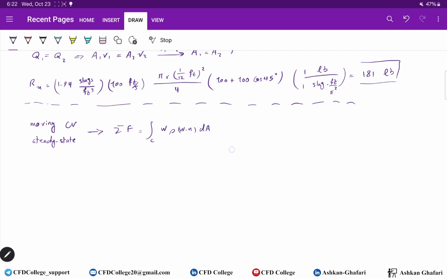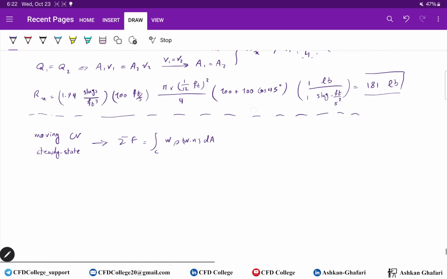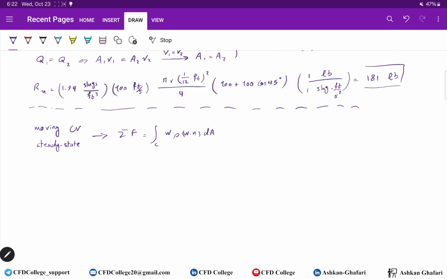It's like the general form, but we don't have the first part, and instead of V, we are working with W. W is the relative velocity, so nothing changed. Oh, this is CS. You just need to find the relative velocity and use it in your calculations.